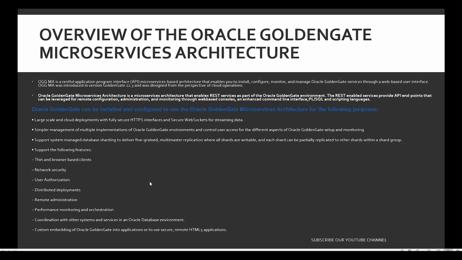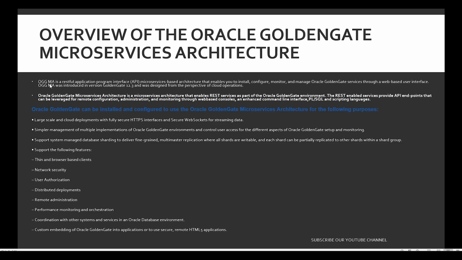Apart from this, we have the custom embedded Oracle GoldenGate into applications to use the secure or remote HTML application. Even though you can use the GoldenGate microservices with any applications for secure access, this is a use case where the microservices architectures are used.